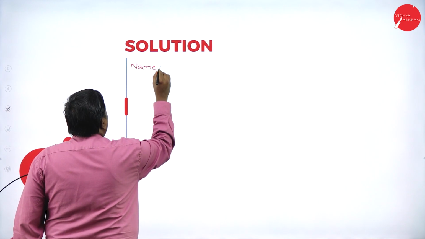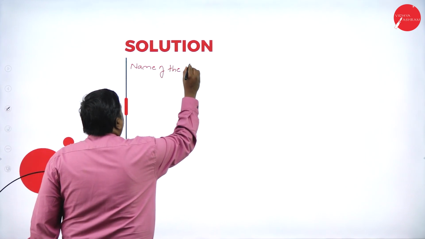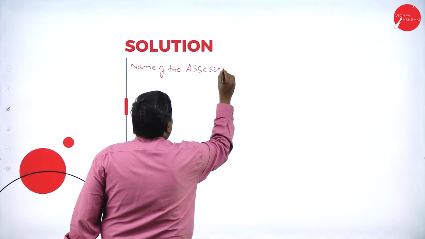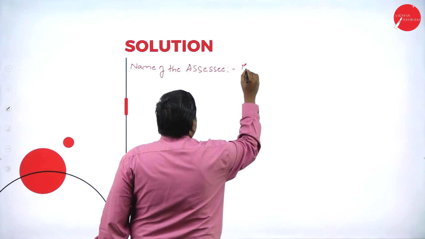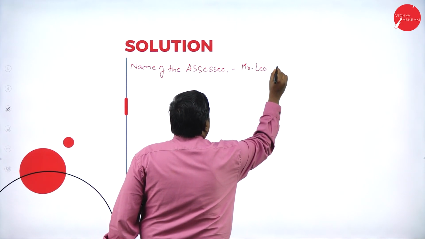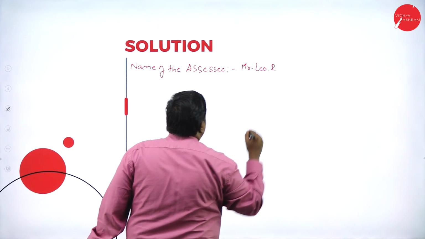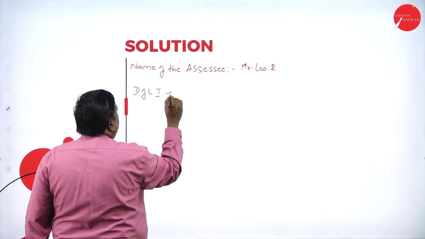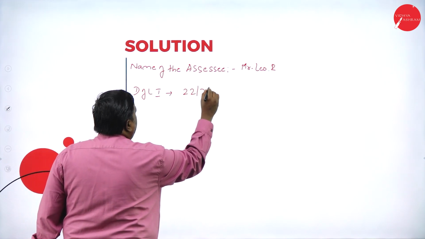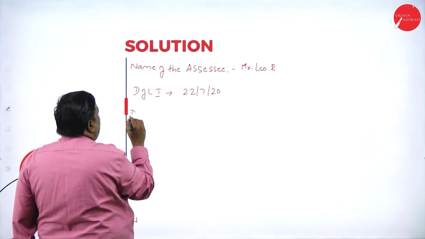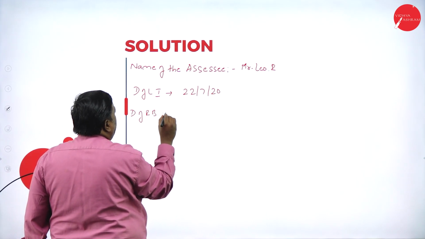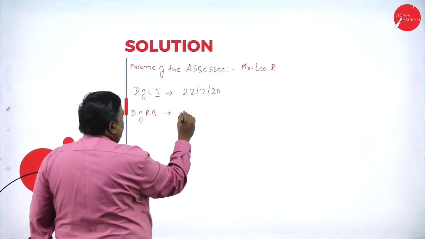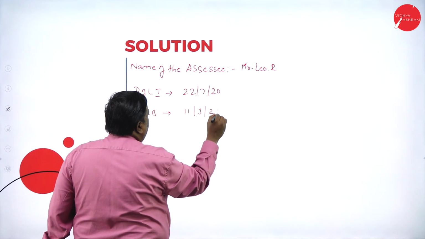Name of the assessee, Mr. Leo. Date of leaving India, 22nd July 2020. Date of returning back, 11th March 2021.